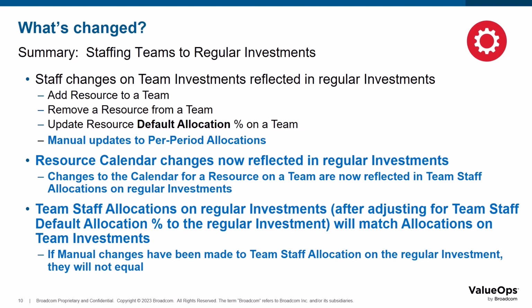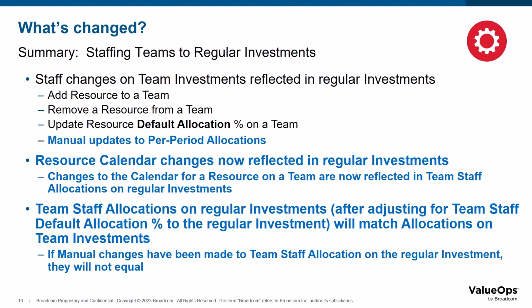Now what we added for this release is if you made any manual updates to per period allocation to the team investment, those changes will automatically flow through now to any regular investments that this team investment is staffed to.